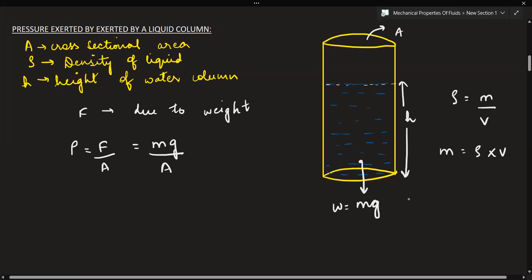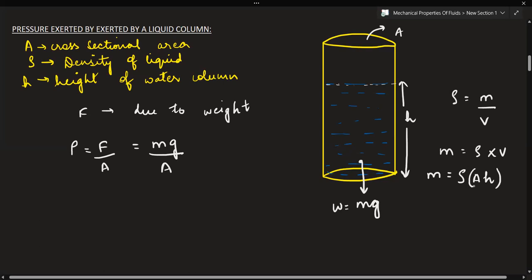Now we have to eliminate this volume as well. So do you know how to eliminate this volume and insert this height? See, volume is given by the area multiplied by the thickness. Yes, ma'am. So mass is equal to density, which would remain as it is, times volume, which would be the area multiplied by the thickness. So what is the thickness over here? It's the height of the water column. Exactly, height.